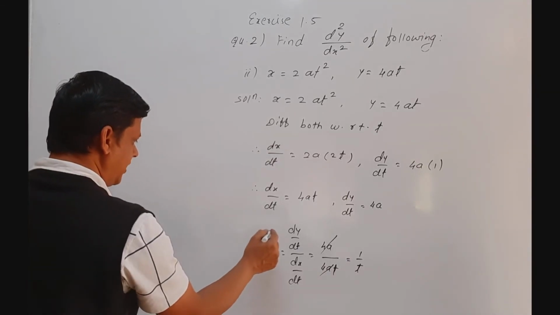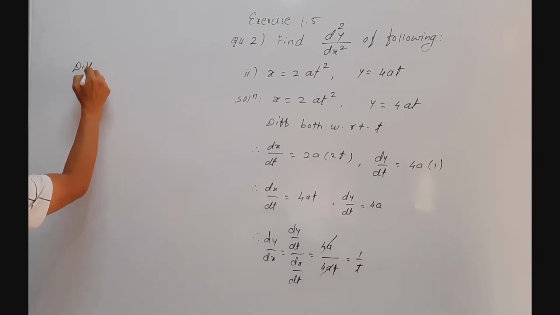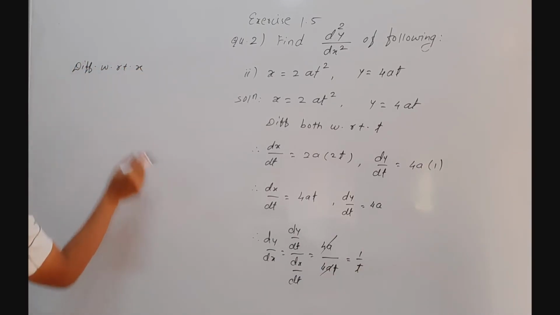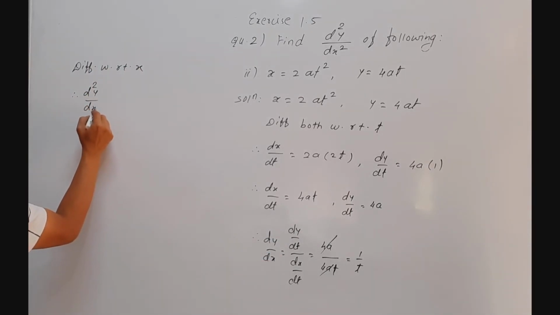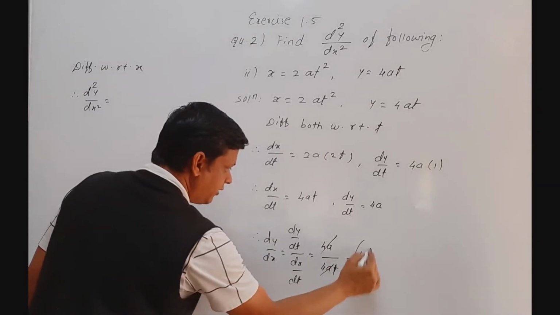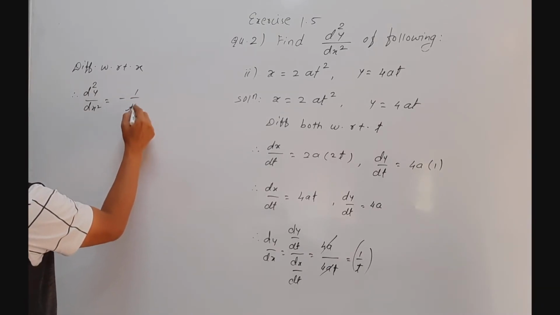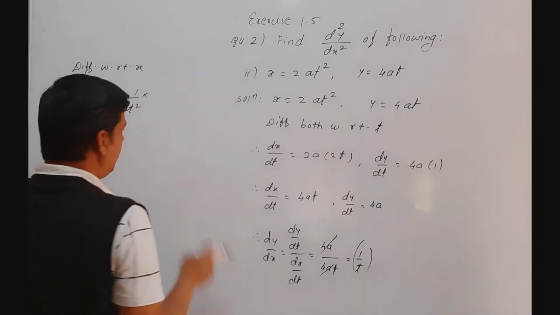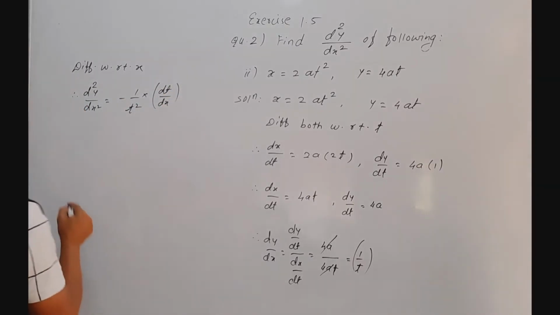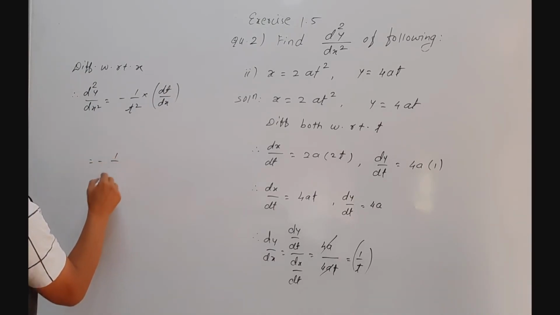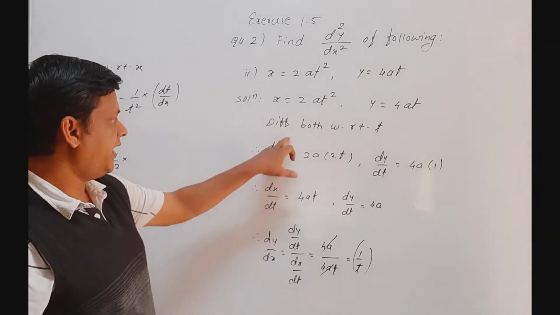Now we have to find d2y by dx2. Here the parameter is t. So right here differentiate with respect to x. So derivative of dy by dx with respect to x, we write d2y by dx2. Derivative of 1 by t, we treat as 1 by x. So derivative of 1 by t we write minus 1 upon t square into derivative of this t, we write dt by dx. Now substitute the value of this dt by dx from dx by dt.